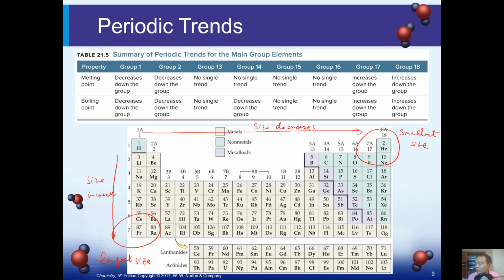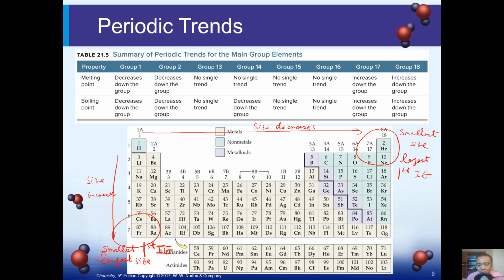So you can see the top right corner will have the largest first ionization energy, and the bottom left corner will give you the smallest first ionization energy.